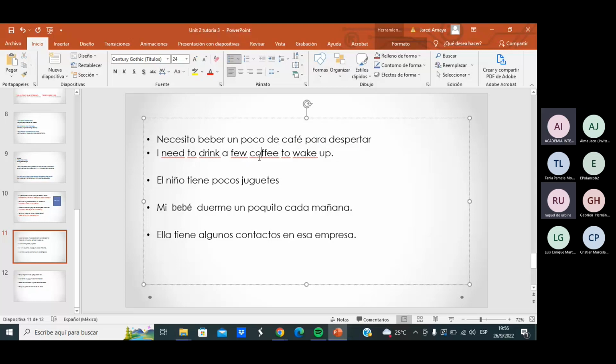Okay. Do you think that it's correct or incorrect? Entiendo que entonces está equivocado. Yeah, that's incorrect.